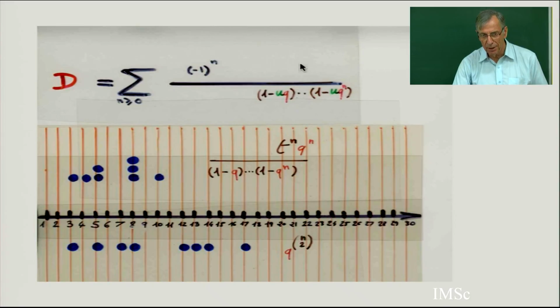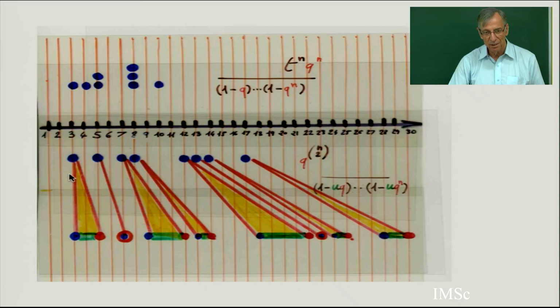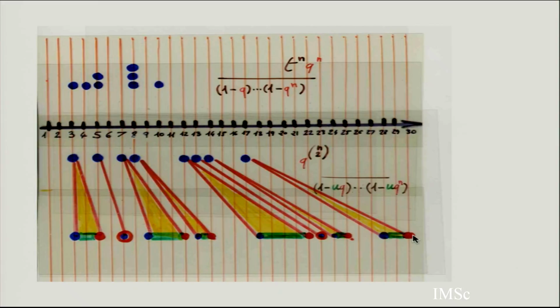Now I have to multiply again by 1 over this, and I claim that multiplying by this is again defined by a certain partition, and it is doing this: replacing each of the blue balls by this segment. You are dilating each blue ball into a segment. The dilatation is a length in green, which is taken into account by this parameter, which is here. And you see the distance between two consecutive blue balls is exactly the distance between two consecutive segments.